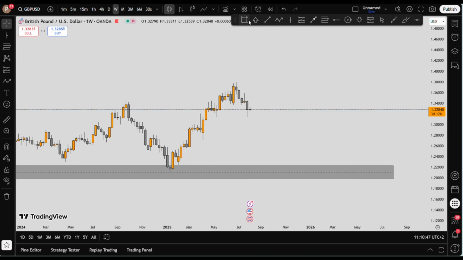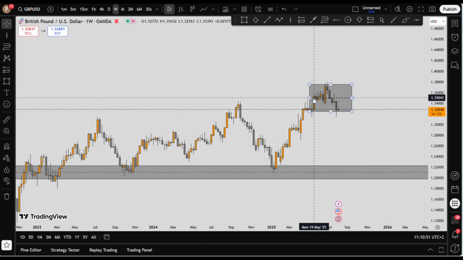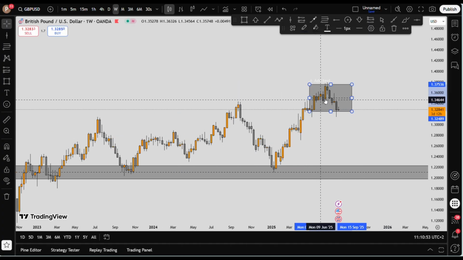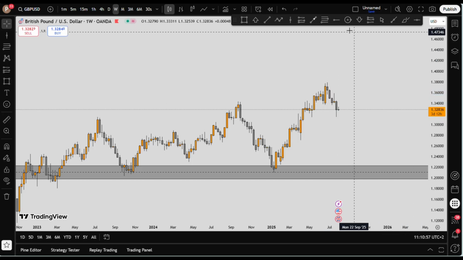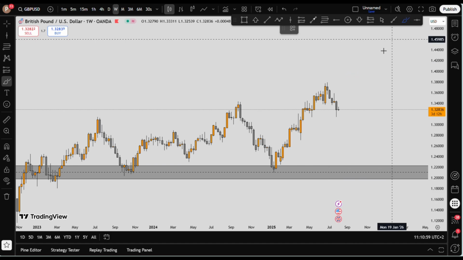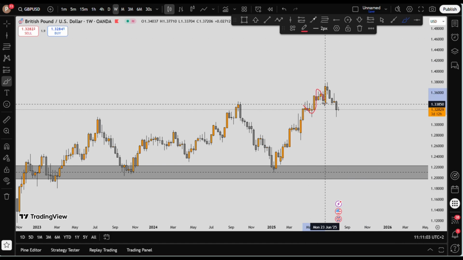So this price action here is very important because it's indicating that price is failing to go higher. And how we can identify that is this low here got broken. This exact low here got broken.